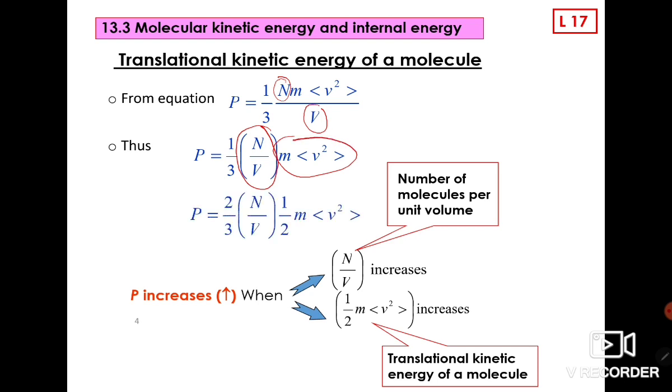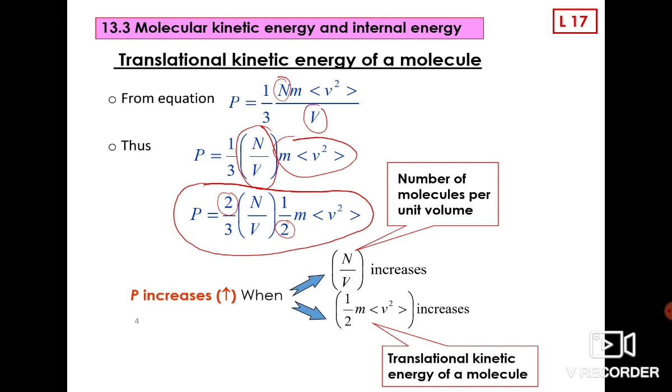So this equation also can be written as 2 over 3 n over V half mv square. So these 2 and 2 actually can be cancelled out. From this equation, P equal to 2 over 3 n over V half mv square, we can conclude that P will increase when n over V is increased, which is the number of molecules per unit volume.